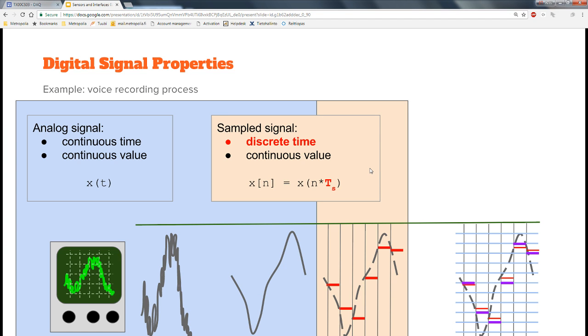Then we can start writing a table, an index table, and save those values. This is the most common way of doing the sampling: you have a constant sample time, meaning a constant sampling frequency. You can also sample as you please, but then you cannot make any sense of the signal other than that the value was that.